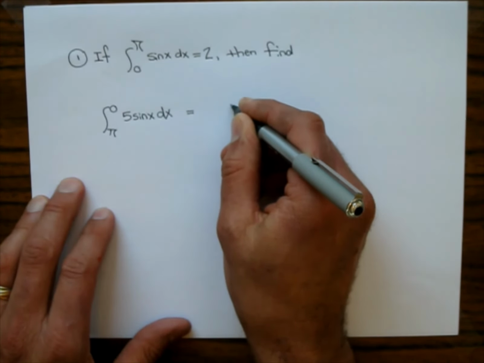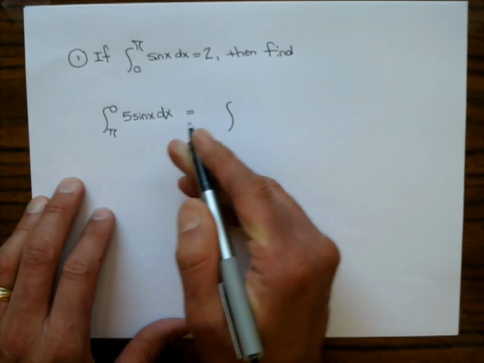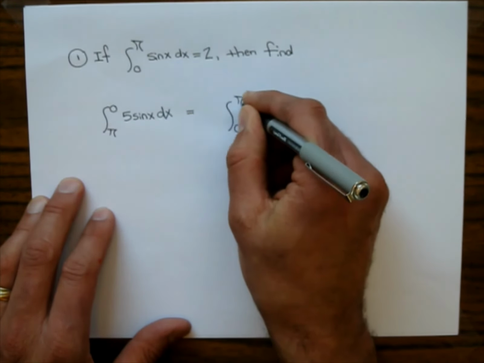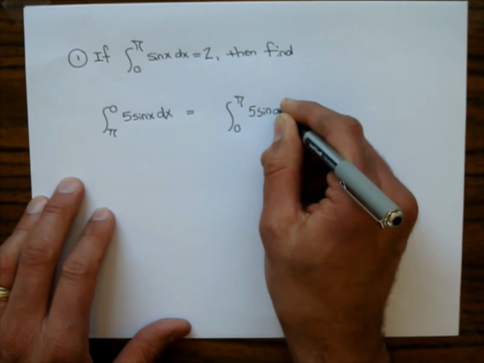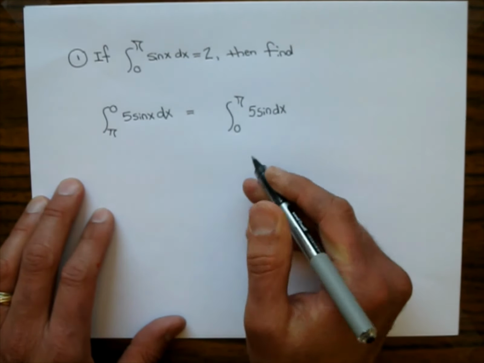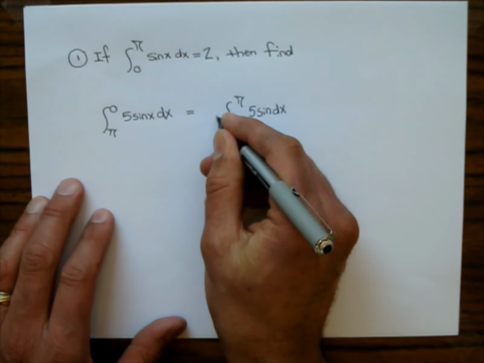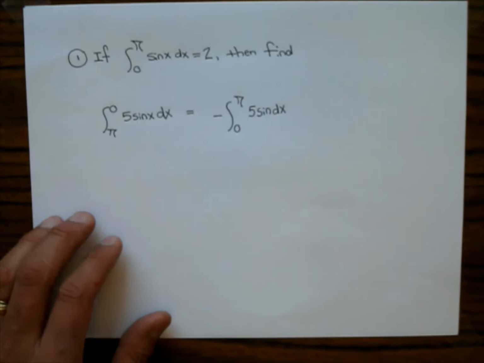So the first thing I'm going to do is switch these so it says 0 to pi. Now, I can't just switch them without consequence. We can look at one of the properties. There should be a negative in front of that.